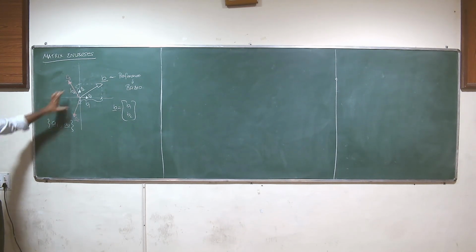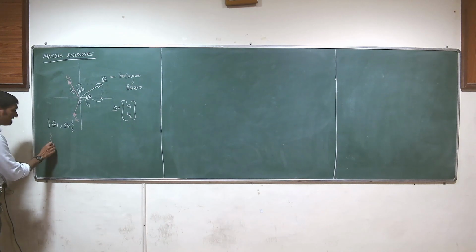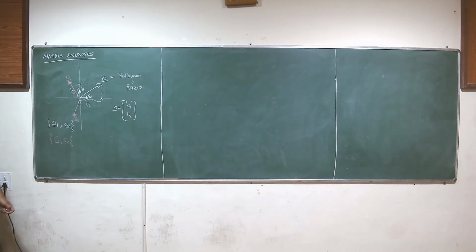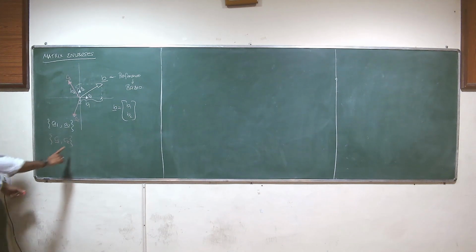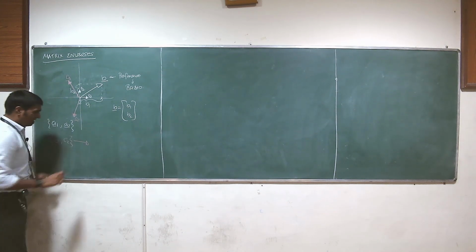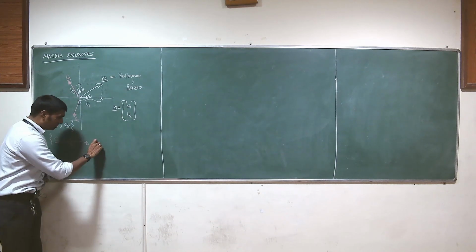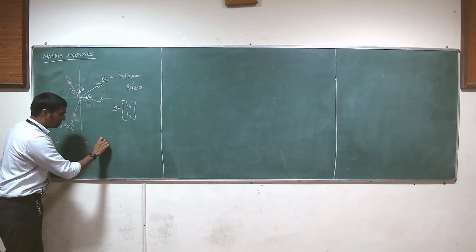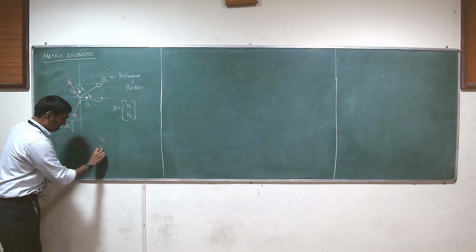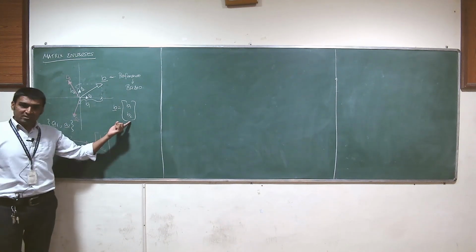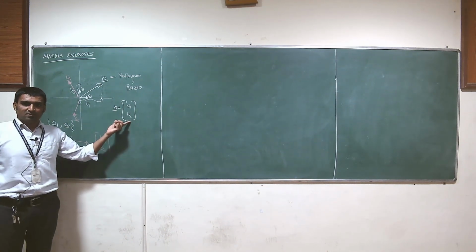That means the set C1 and C2 forms a basis for R2. I can find a representation for B in terms of these, and these might come out with different values, BC1, BC2. These won't be the same as this.